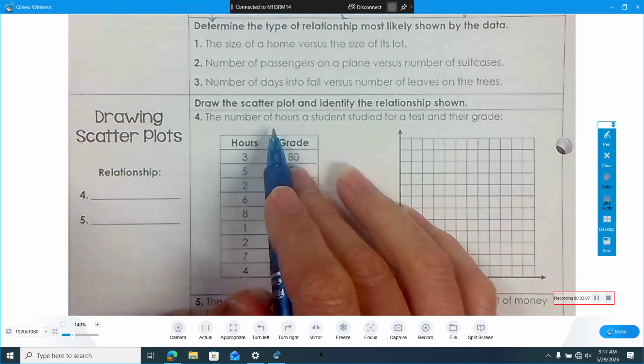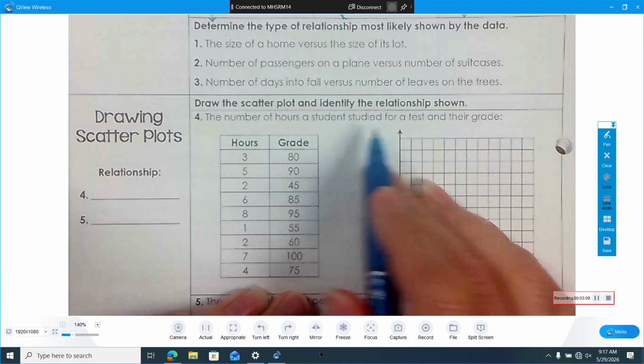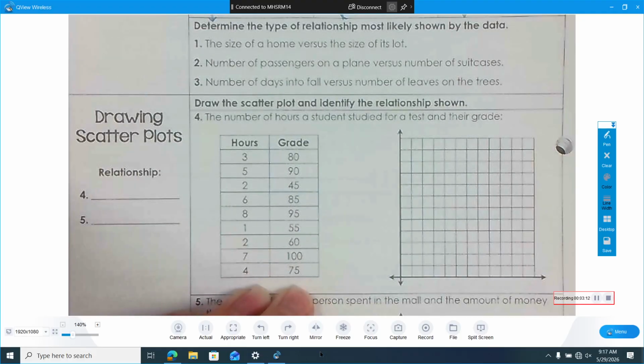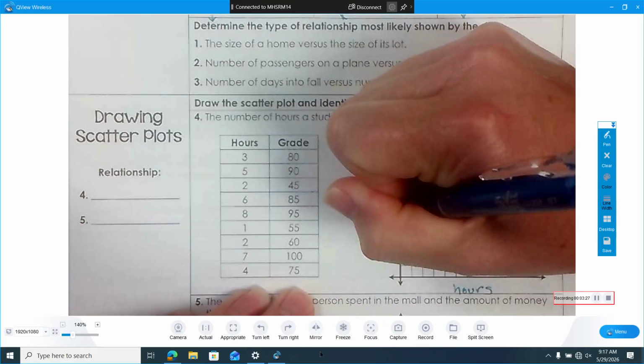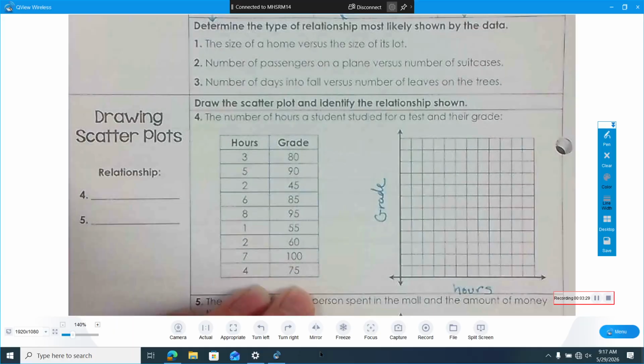This is the number of hours a student studied for a test and their grade. Usually we put time on the x-axis. So we're going to put hours on the horizontal x-axis, and the grade earned on the y-axis.